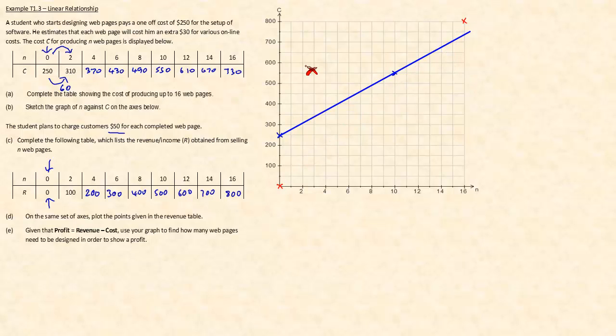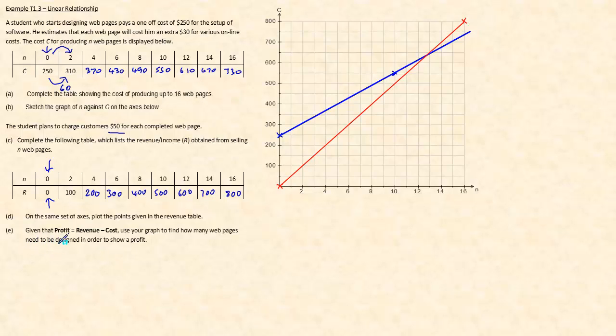Let's just do that again. So we'll make sure that it joins onto that one. And it joins exactly onto that one. Like so.